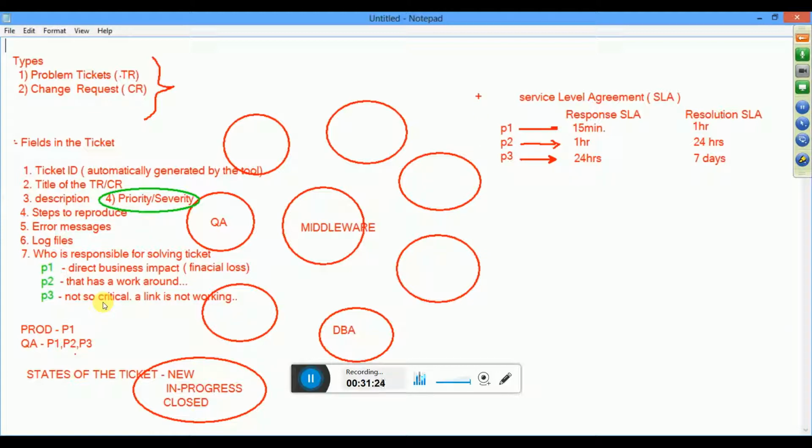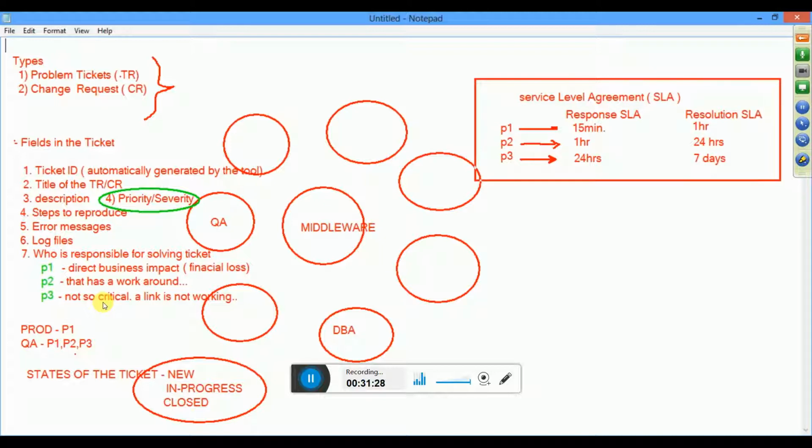Now, this is true not just for tickets. It's also the same SLA for monitoring. When you get alerts, for all production alerts, you need to respond within 15 minutes, saying that we are working on it.